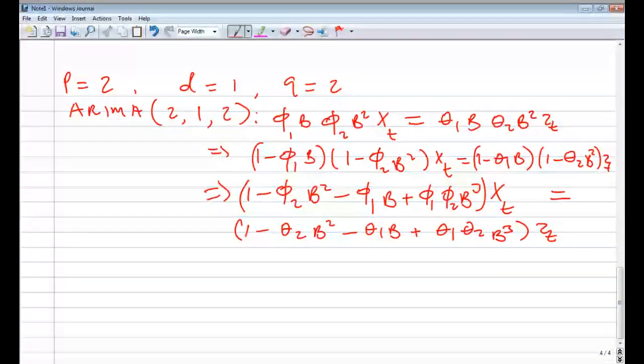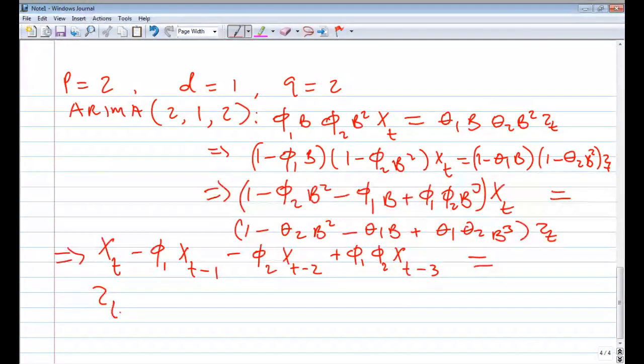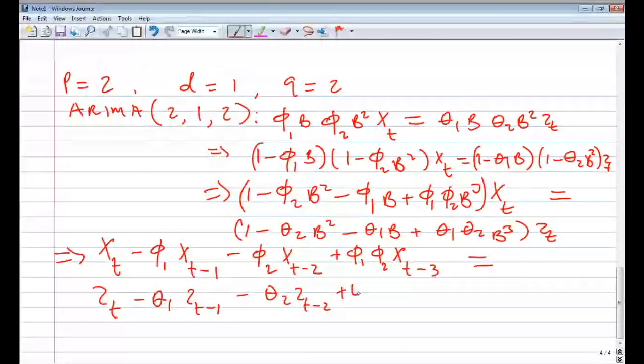Okay, so if you want to write it in a normal way, we're going to have X_t, then minus phi 1 X_{t-1} minus phi 2 X_{t-2} plus phi 1 phi 2 X_{t-3}, which is equivalent to the moving average Z_t minus theta 1 Z_{t-1} minus theta 2 Z_{t-2} plus theta 1 theta 2 Z_{t-3}.